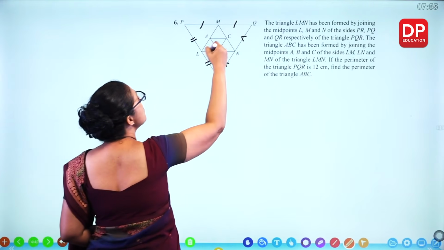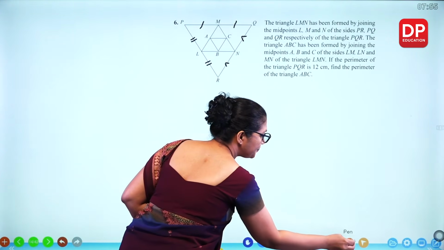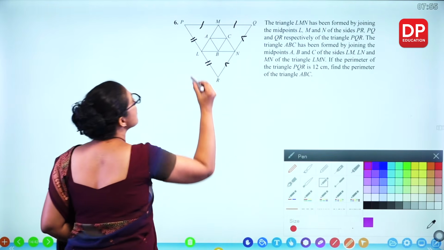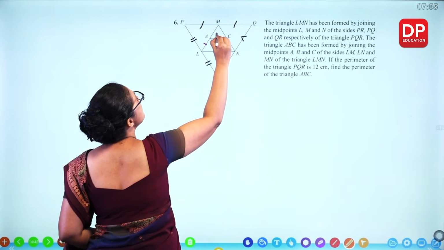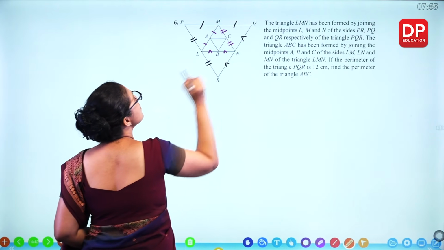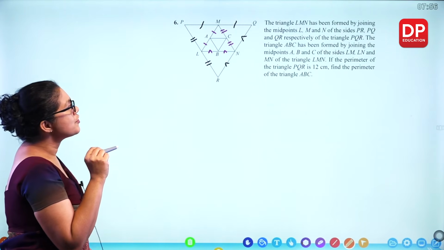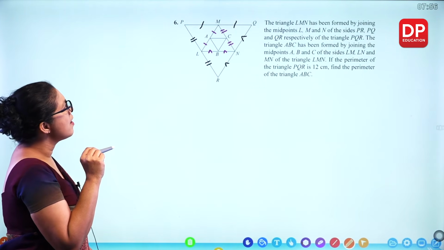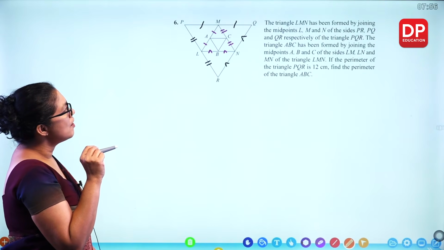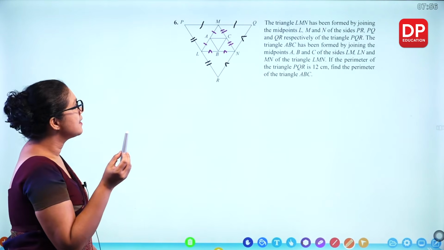So these are also midpoints, so I can use another color. This one is equal to this one, so here these lengths are also equal. If the perimeter of the triangle PQR is 12, find the perimeter of the triangle ABC.